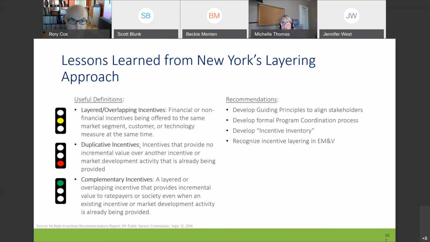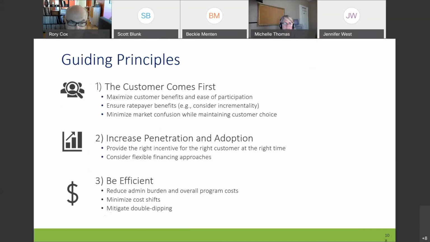And then when it comes to an incentive inventory, it's foundational to a coordinated process. And then lastly, recognizing continuous EM&V of programs and initiatives to assess whether a program is meeting its intended goals and objectives, and to ensure program administrators have the ability to adjust offerings over time in response to the market. Next slide, please.